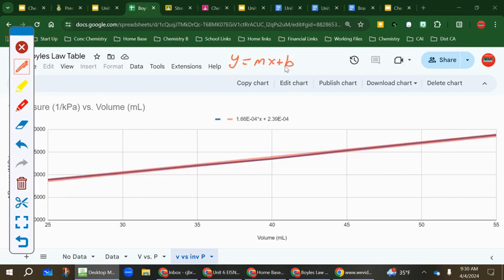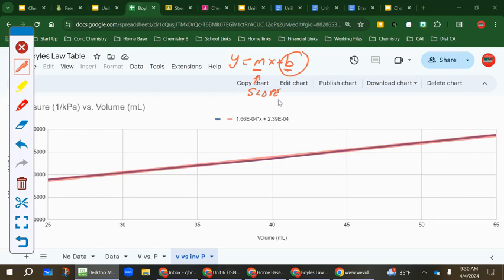Now, what does the b represent in y equals mx plus b? What? Okay, the y-intercept, correct? When x is 0. We don't really care about this point very much, ladies and gentlemen. What we do care about is what is m? The slope.